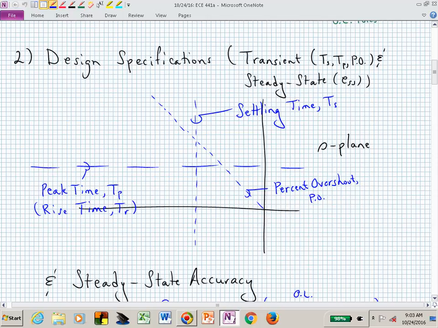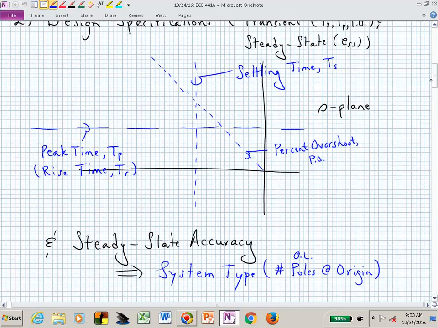We also need to worry about steady-state accuracy, and we can connect that to how many open-loop poles in our controller plant are at the origin. The more poles we have at the origin, the more effective our system is at tracking different waveforms, whether those are a constant, a ramp, or a parabolic. All of those are influenced by the poles at the origin in our open loop system.